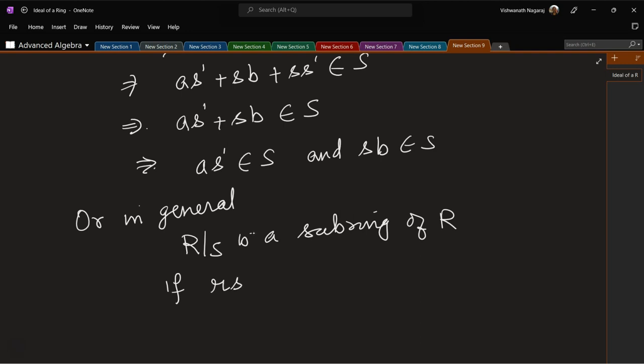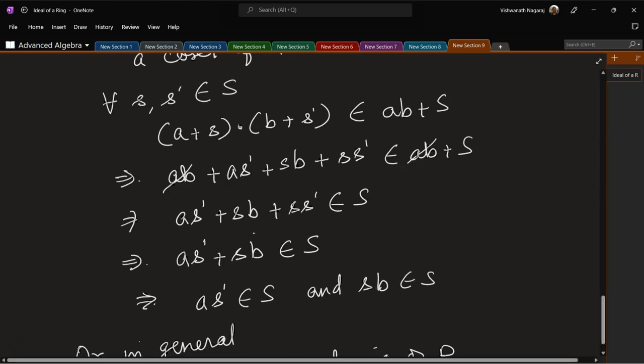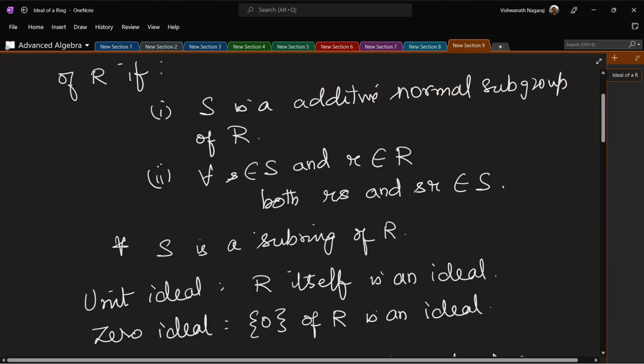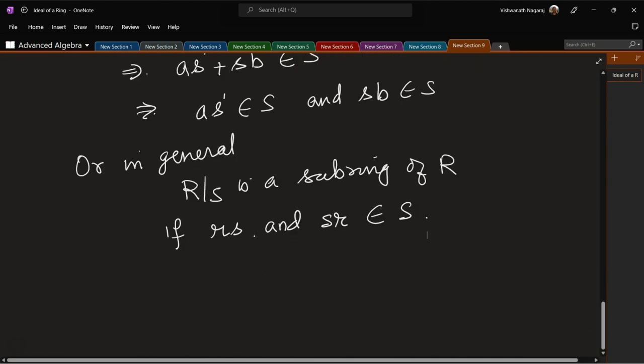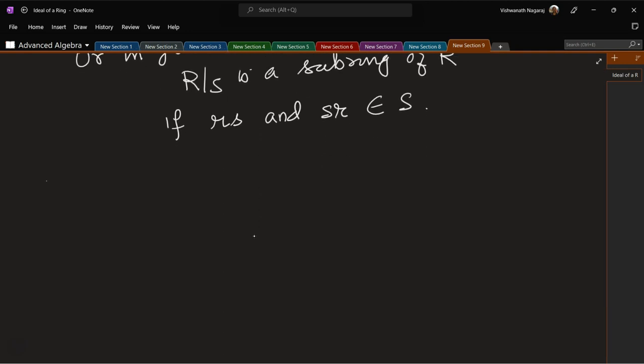So rs, and again s, instead of saying sb, I will say s and an element of R. So sr. They both belong to S, which is what the definition says. For all s belonging to S and r belonging to R, both rs and sr belong to S. Clear? Now let's look at some examples. Let's look at the ring of integers.